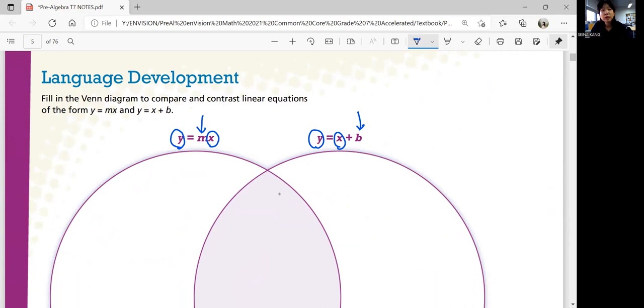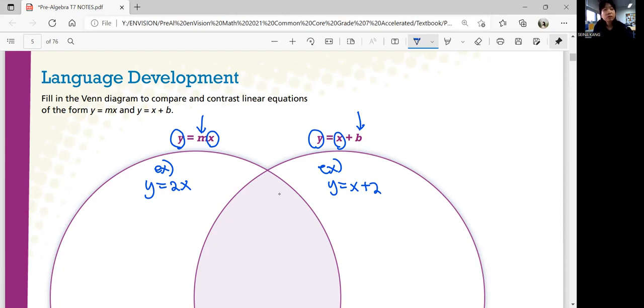They're going to be the constants here. So example, y equals 2x is in the form of y equals mx. Example, y equals x plus 2 is another example. Are they the same thing? No, they're not. What's the difference between them? What do you see? You see m and b, right?